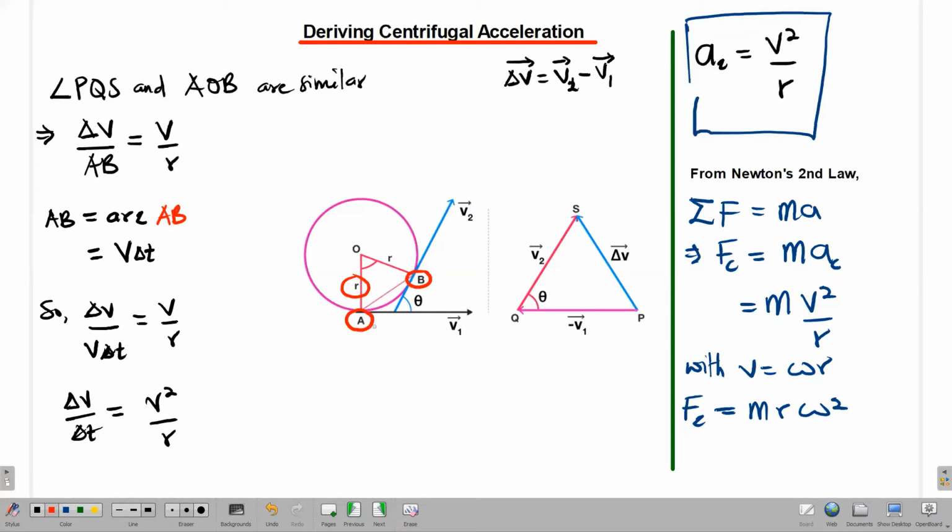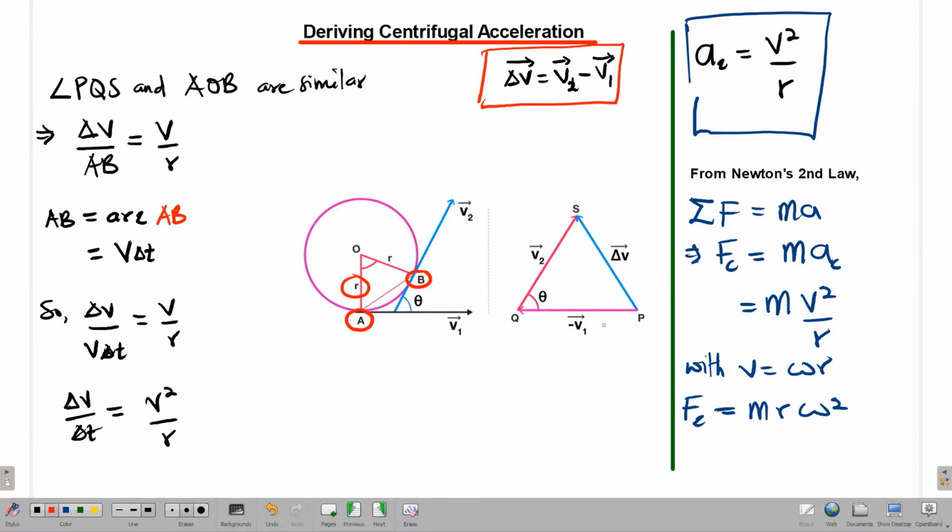Theta is the angle between the velocity vector v1 and the velocity vector v2. Now, note that based on your geometry, the change in the velocity vector is equal to velocity vector 2 minus velocity vector 1. And this was as a result of drawing this vector triangle.